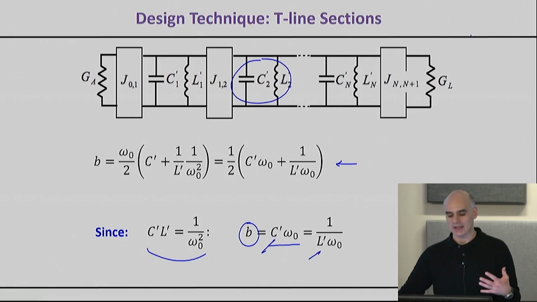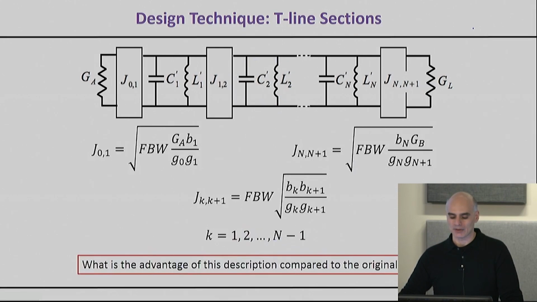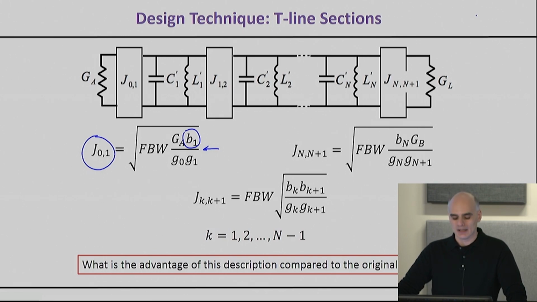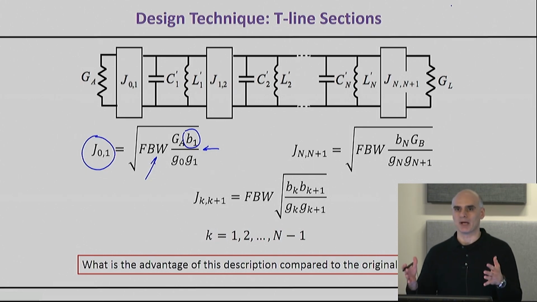And so that essentially means I can go ahead and use my original equations and replace that C or L that I had in them with the new b's that I just derived. For example, the very first one is going to have the equation right here, where you can see I have replaced my capacitance with b1. As a reminder, this is the fractional bandwidth, meaning the absolute bandwidth divided by my center frequency.